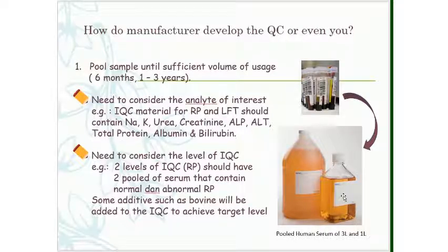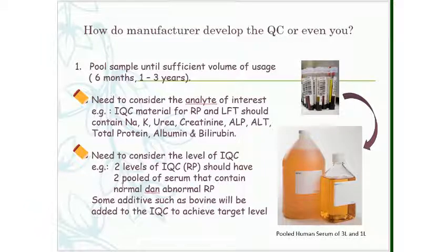And please take note that we need to consider the analyte of interest. Example, the QC material for renal profile and liver function test should contain the analytes sodium, potassium, urea, creatinine, ALP, ALT, total protein, albumin, and bilirubin. And also it needs to consider the level of IQC.